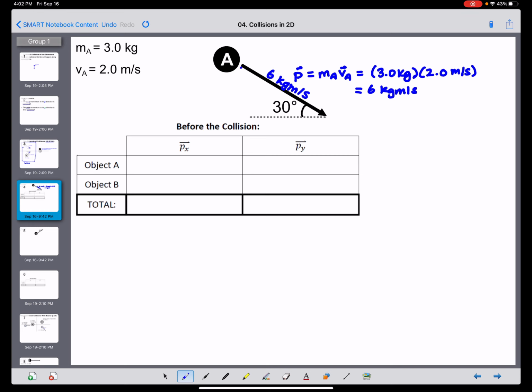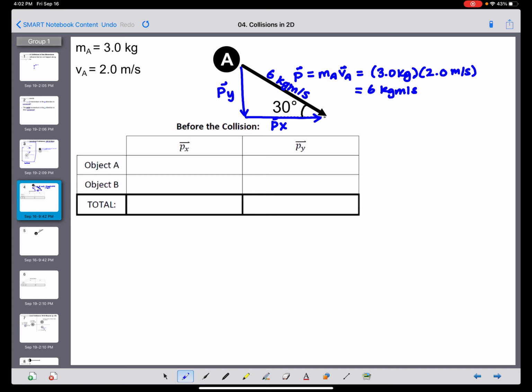So what we need to do is break the overall momentum into components. Remember to draw those components as arrows. Since the overall momentum points sort of southeast, my y component is going south and my x component is going east. And I'm going to call those px and py because they're momentums.